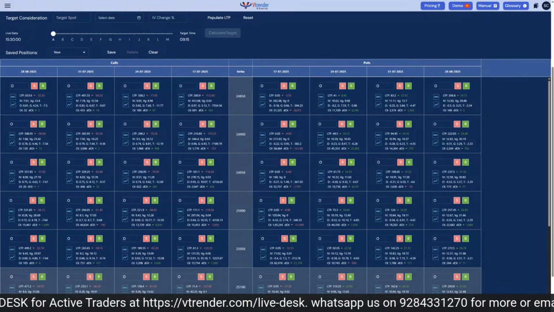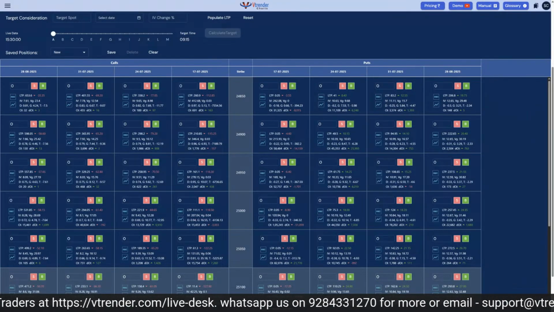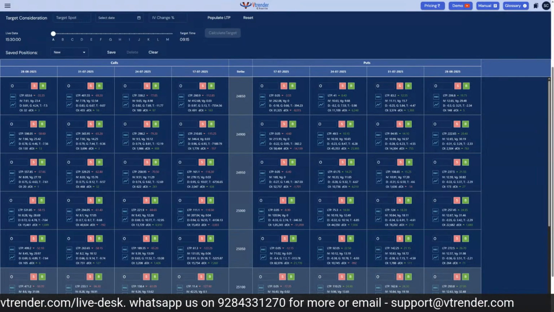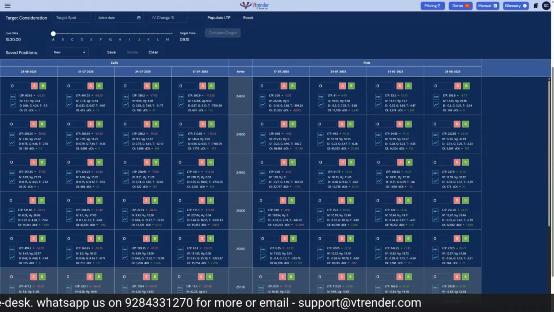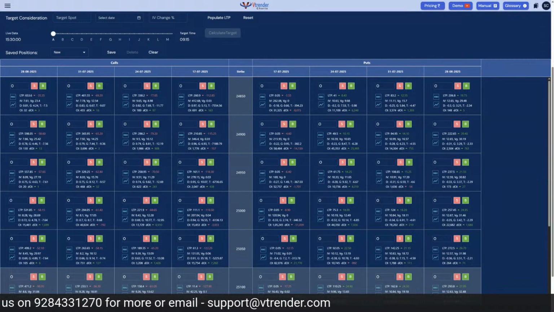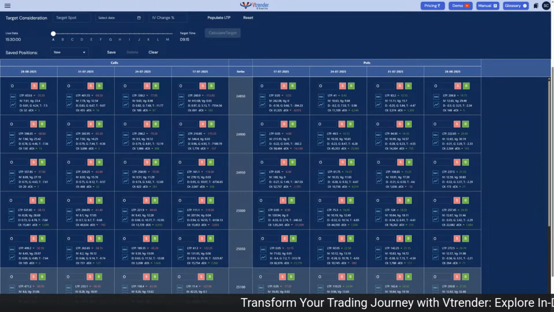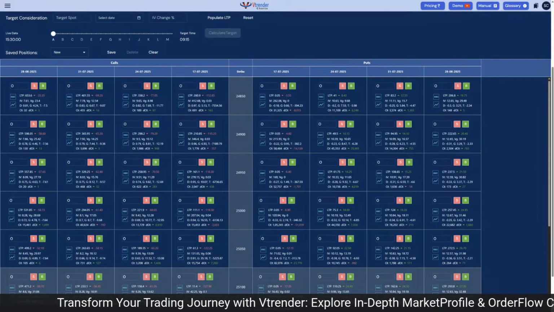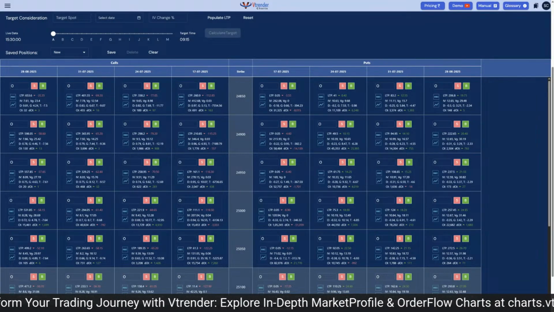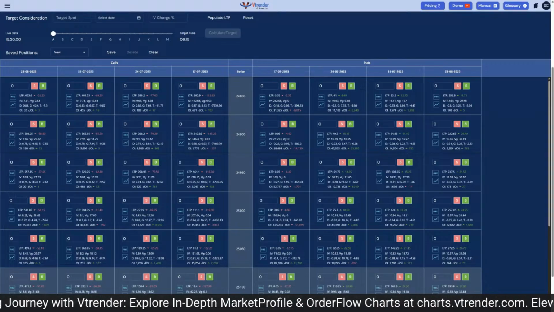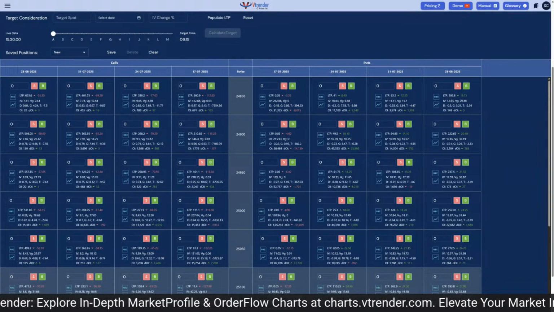So delta is your first option Greek. You need to know it absolutely if you're trading options. If you're trading long options, long calls or long puts, we highly recommend that you choose a delta of 0.6 and more, because you will get that kind of a percentage move from the markets. But it's not just about knowing delta, it's also about knowing what gamma is, and gamma is the game changer.